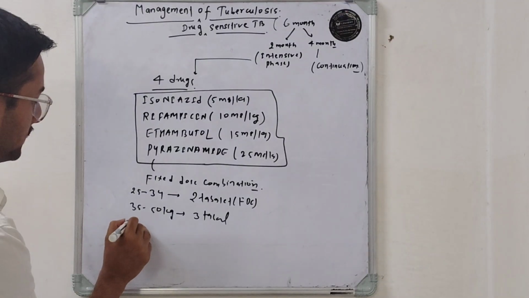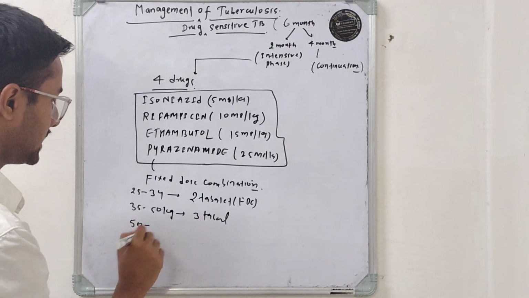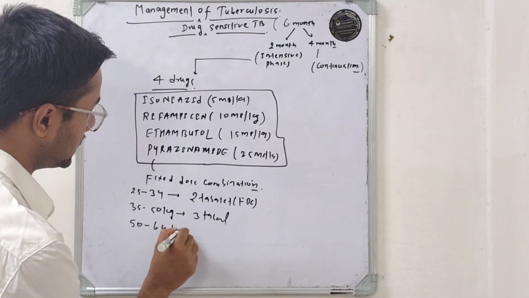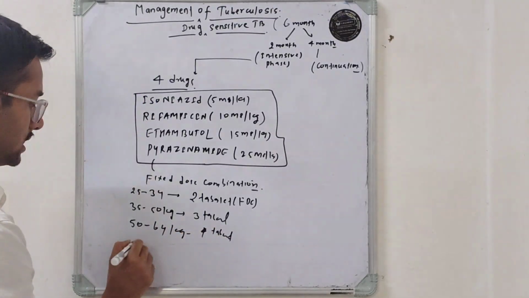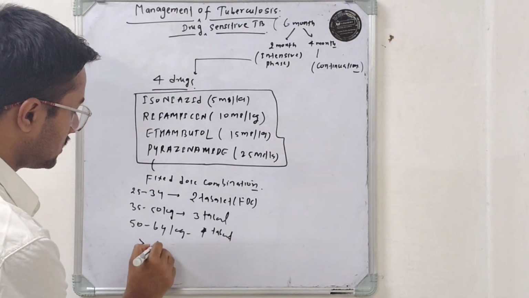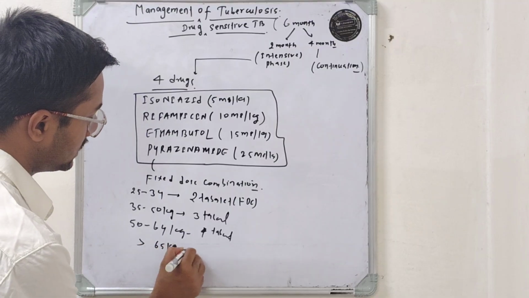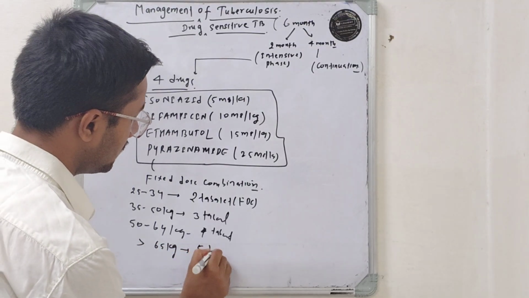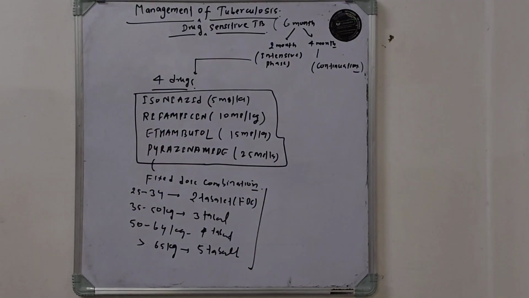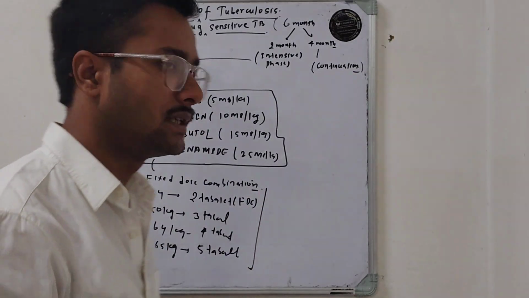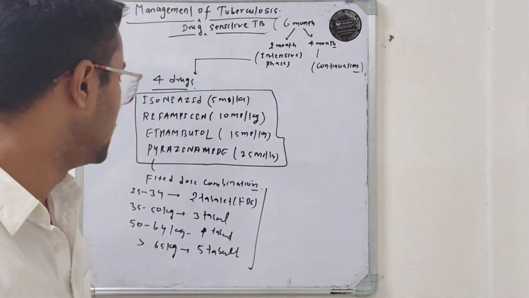If the weight lies between 50 to 64 kg, then 4 tablets. And if the weight is more than 65 kg, we give 5 tablets.